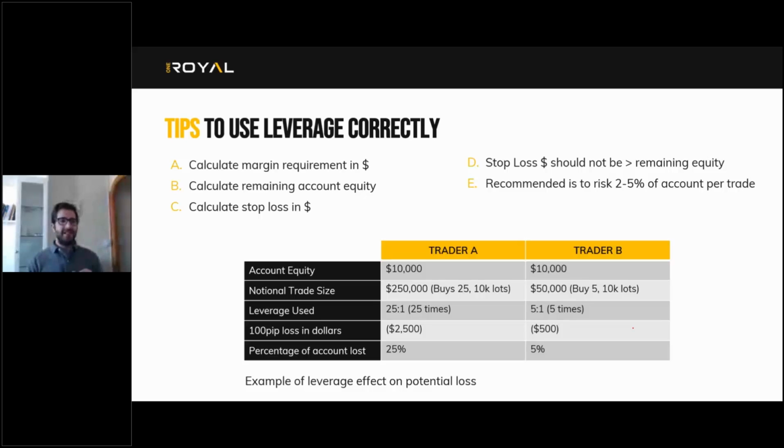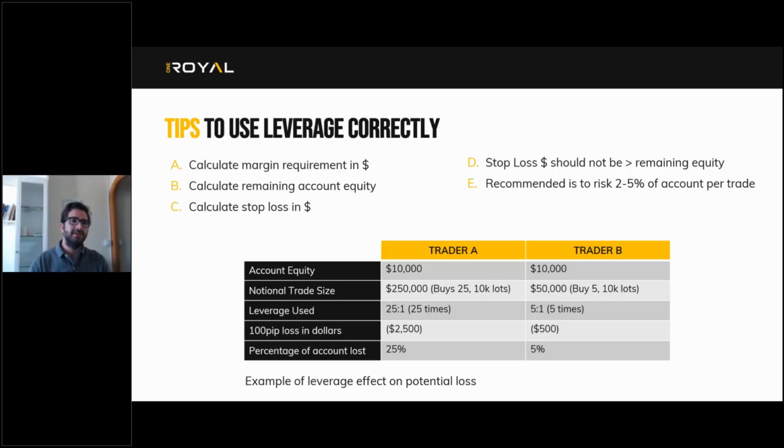Tips to use leverage correctly. To be able to benefit from leverage, because leverage is a double-edged sword, you can make a big amount of money, but you can also lose the same amount if you don't know how to use leverage correctly. So we will give you some tips here.